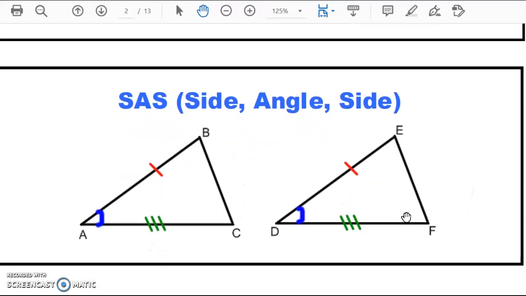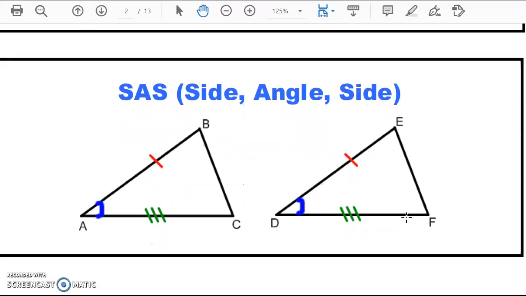The next postulate is the side angle side postulate. Take a look at the way these two triangles are marked up. You have one set of sides, one set of angles, and a second set of sides. This is all you need to be able to prove these two triangles congruent by the SAS postulate, the side angle side postulate.